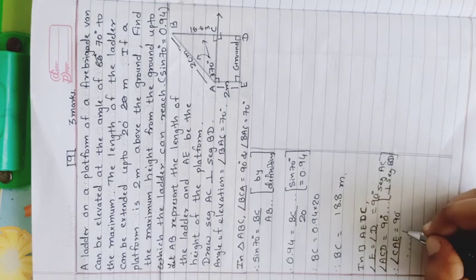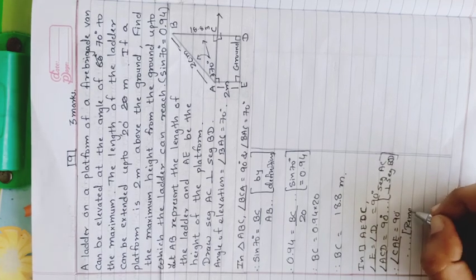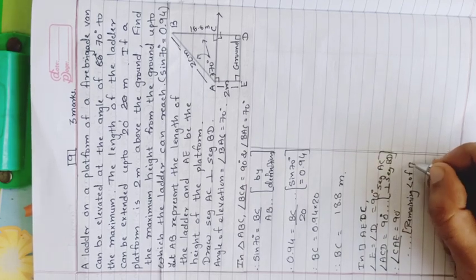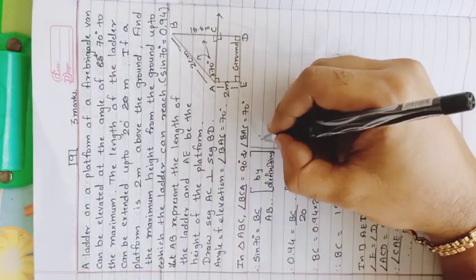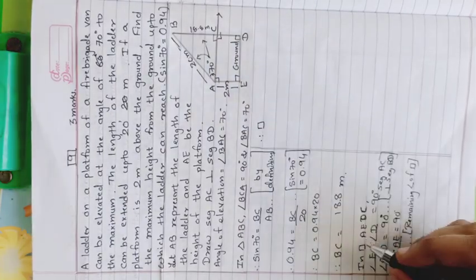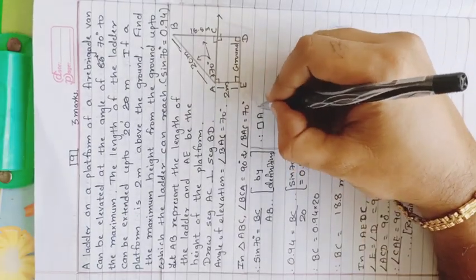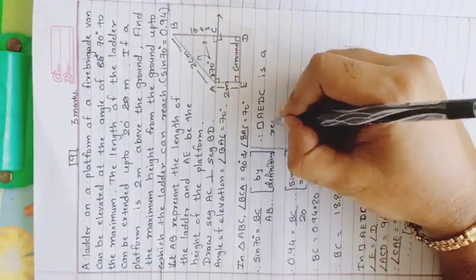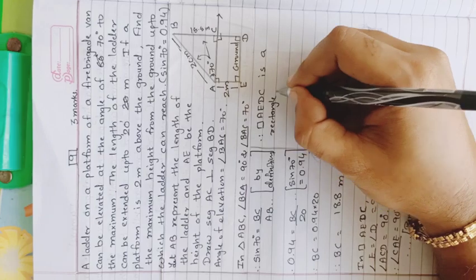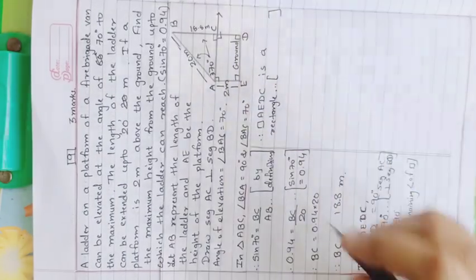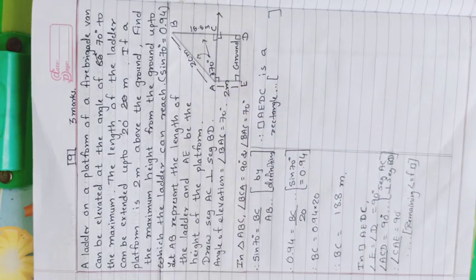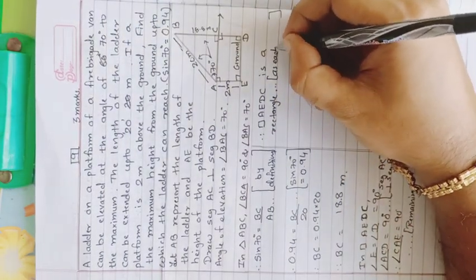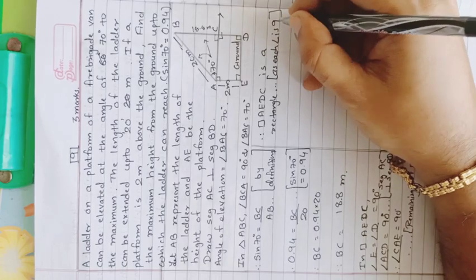The reason will be the remaining angle of the quadrilateral. Therefore quadrilateral AEDC is a rectangle, and we know the rule. You can write any one reason: by definition of rectangle, or by property of rectangle, or as each angle is 90 degree.